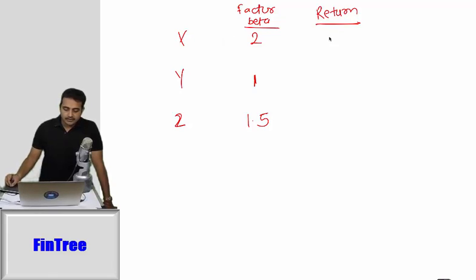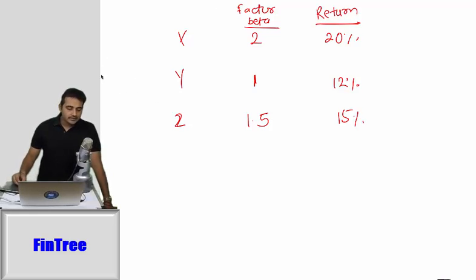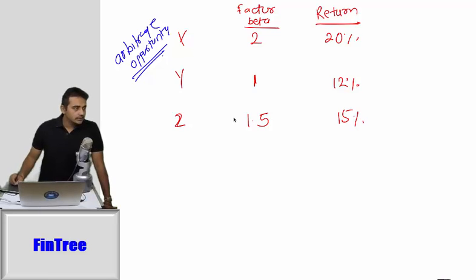For X, let us say it is given as 20%. For Y, it is given as 12%. And for Z, it is given as 15%. Based on this data, you would be asked: can you identify any arbitrage opportunity?